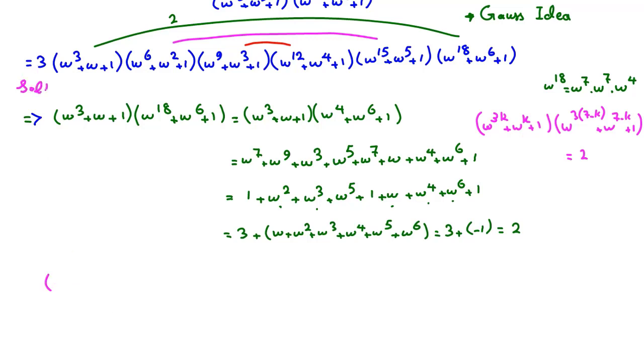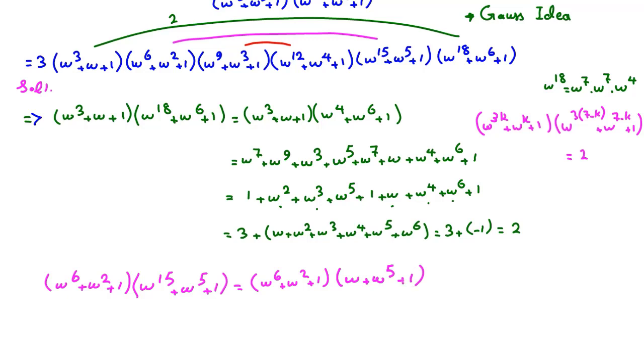Solution number 1, I will tell you in terms of k, if you want to find W^6 plus W squared plus 1 times W^15 plus W^5 plus 1. So we can write it as W^6 plus W squared plus 1, because W^7 is 1, W^14 is 1, so it will be W plus W^5 plus 1.